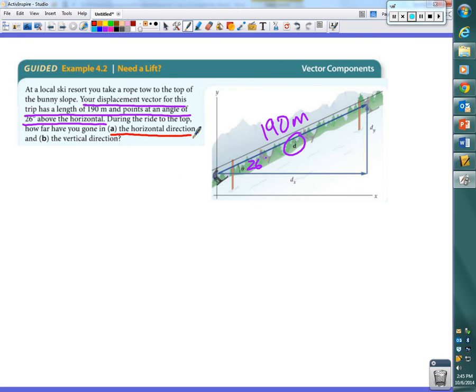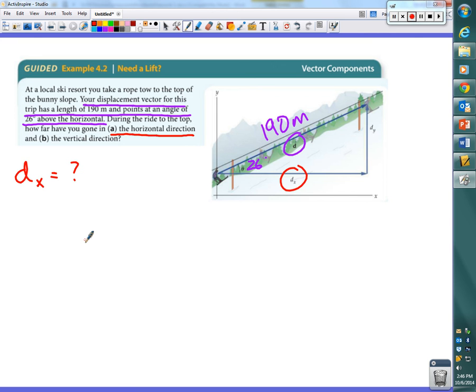Part A asks us how far have we gone in the horizontal direction. First, are we good with horizontal? Which way is horizontal? Side to side. So this question is asking about d sub x, which is the x component of the displacement. We know the hypotenuse of this triangle, and we know one angle.